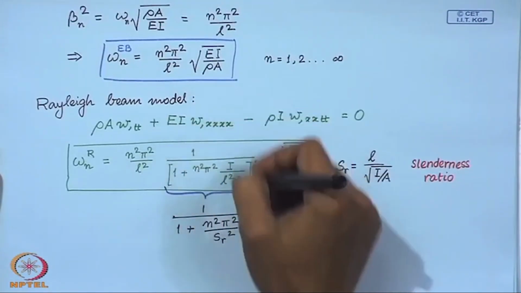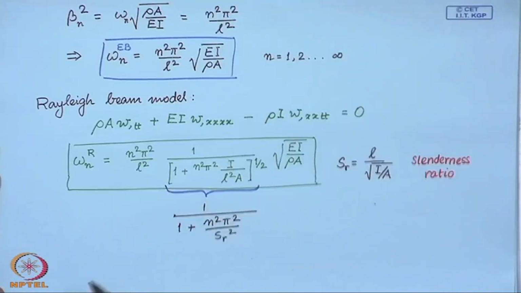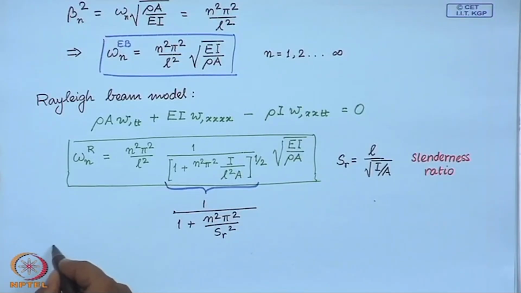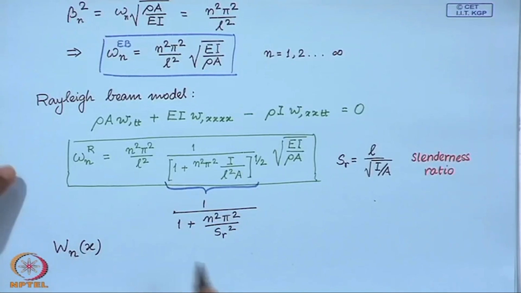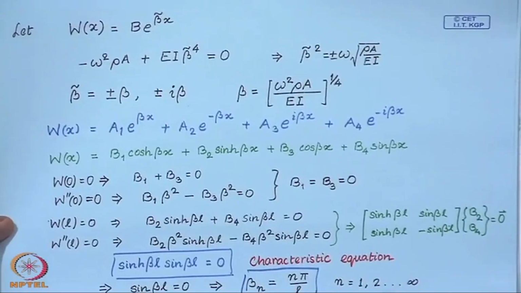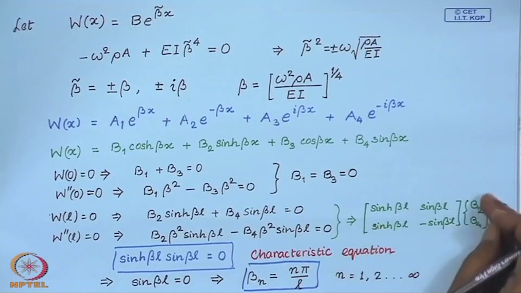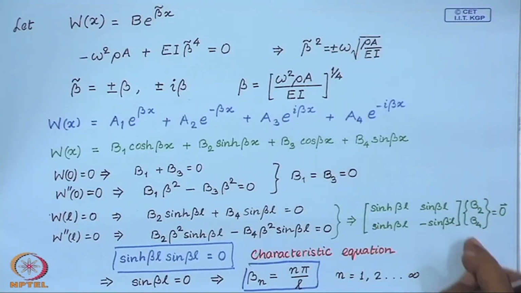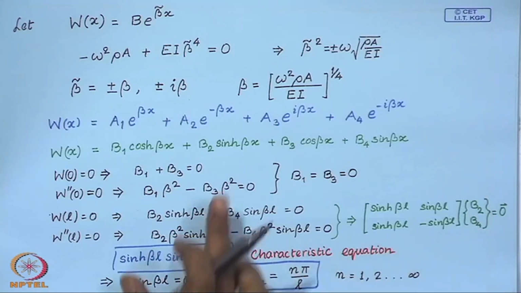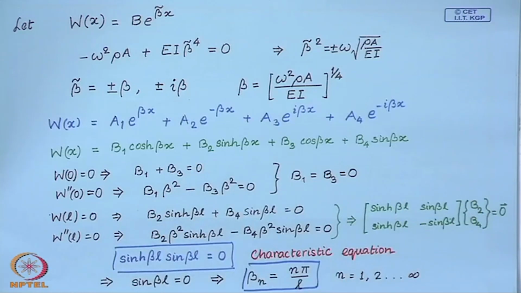If you do the analysis for the Euler-Bernoulli or Rayleigh beams, the eigenfunctions are obtained. We have these expressions of beta n, we put them in and solve for B 2, B 4, and you will find that B 2 must vanish. So only B 4 can exist.